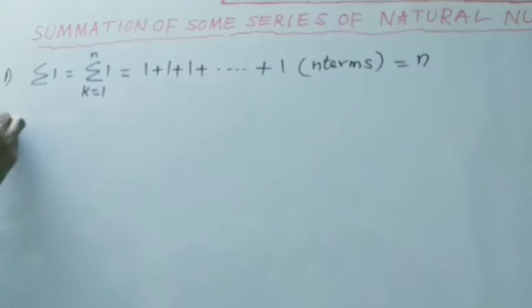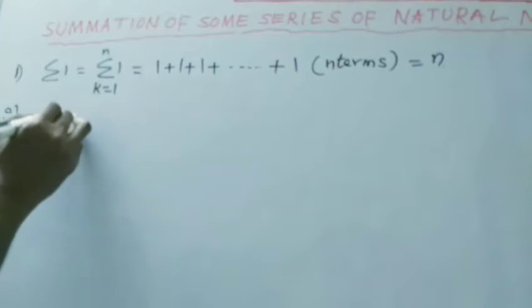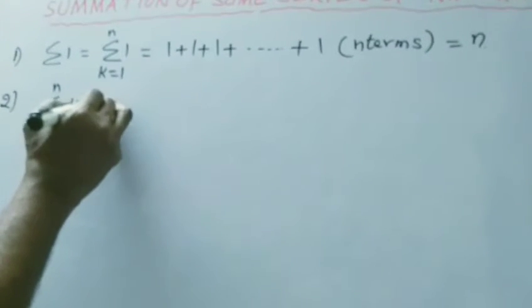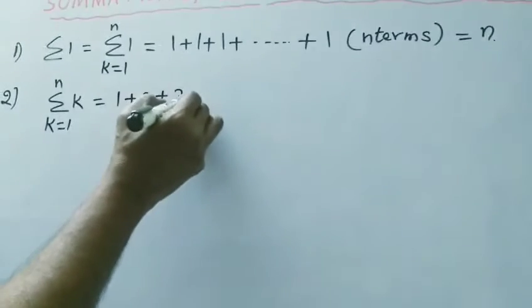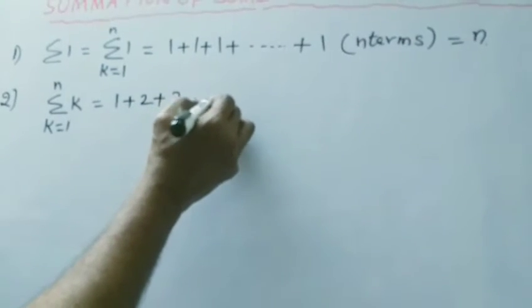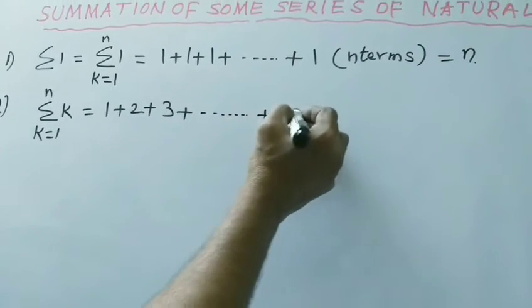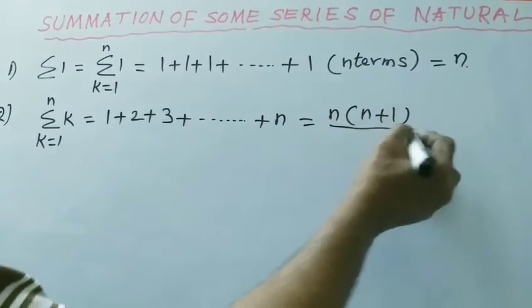Second one is summation of k is equal to 1 to n, k is equal to 1 plus 2 plus 3 plus and so on plus n, is equal to n into n plus 1 by 2.